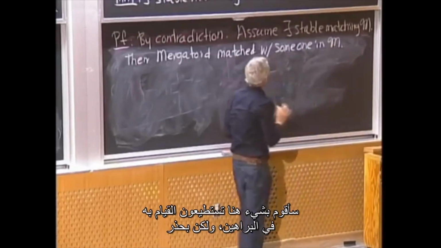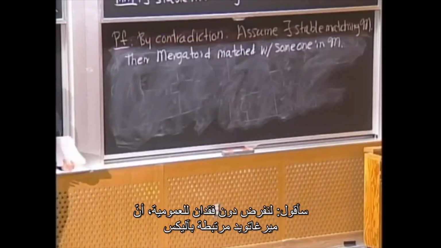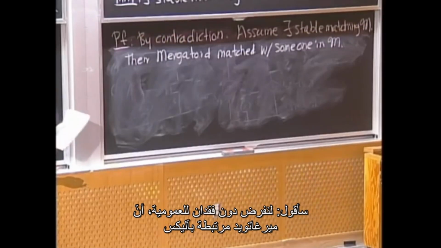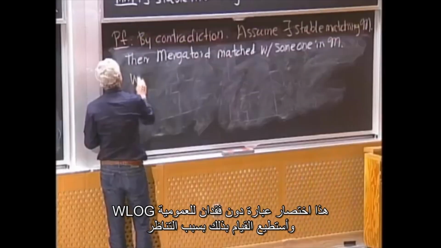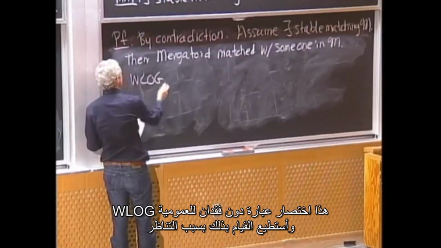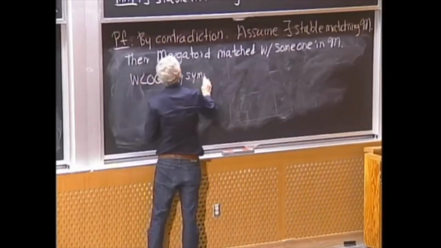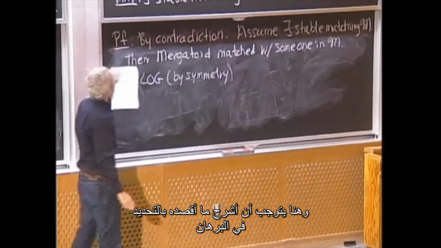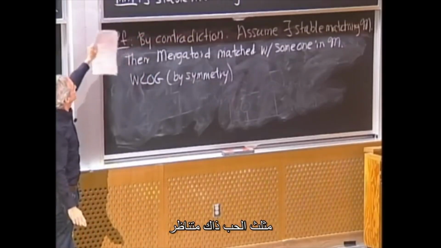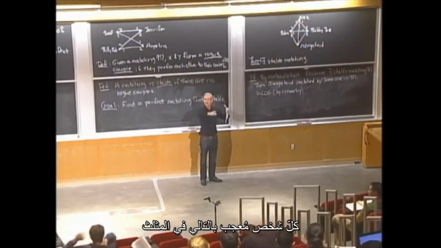Now here I'm going to do something that you can do in your proofs, but you have to be careful when you do it. I'm going to say, without loss of generality, assume Murgatroyd is matched to Alex. I can do that by symmetry. I should explain what I mean here in the proof. That love triangle is symmetric. Each one has a preference for the next person around the triangle.